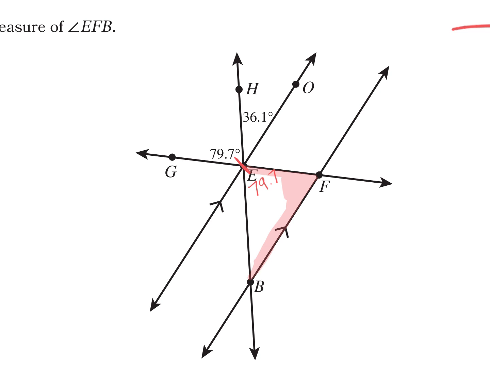You can either do it that way, or we know that this angle over here is corresponding to that 36.1 degrees that we see up there, which would give us 2 of the angles inside of that triangle. So that's one way to do it, is to add those together, take them from 180.